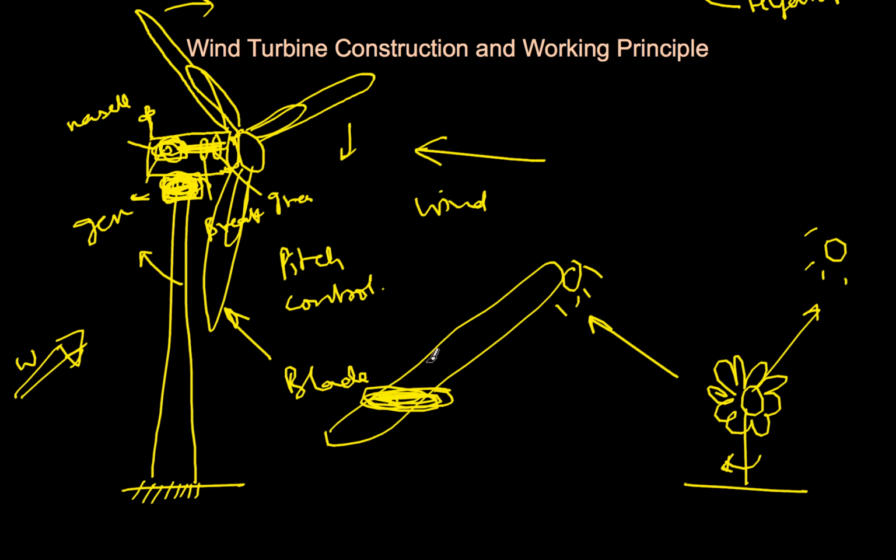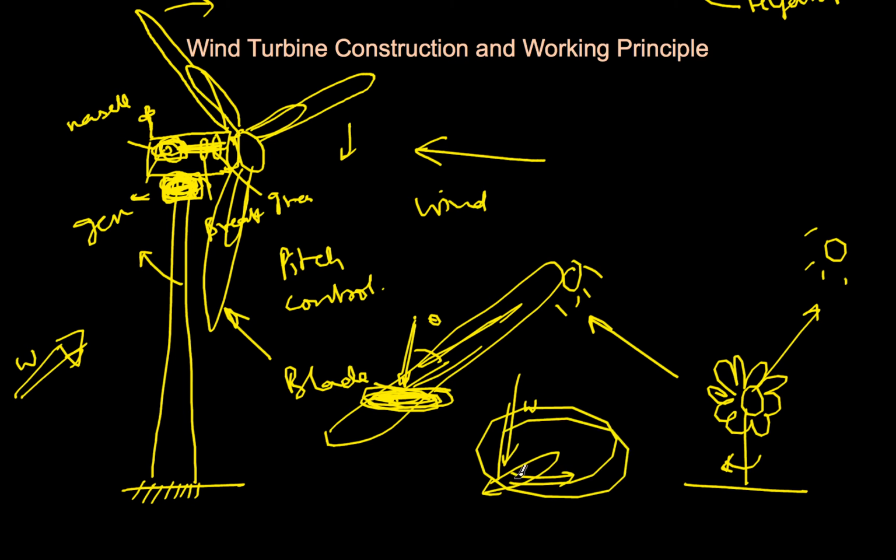Now if I face this blade perpendicular to the wind, then the forces on this blade will be more severe. So there is always some angle theta, or the pitch angle. If there is a small angle like this, and the wind is coming like this, then the wind will push this way, and it starts rotating.